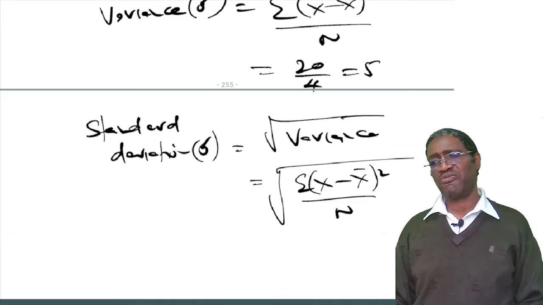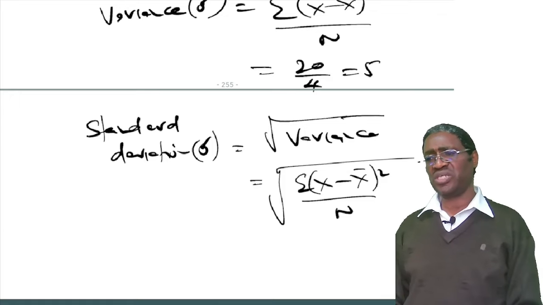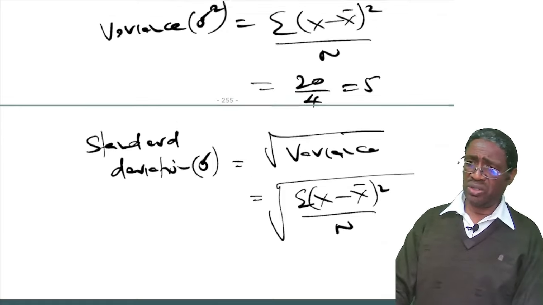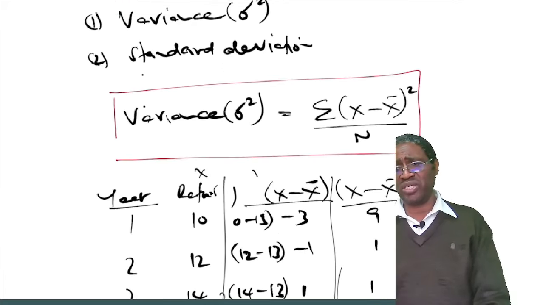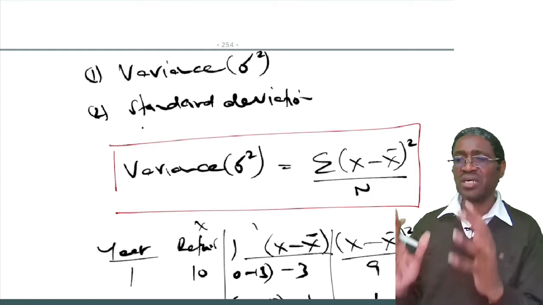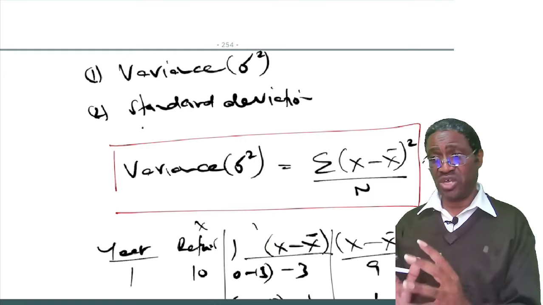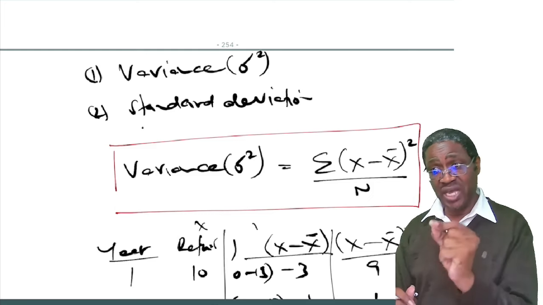Good. So before we continue, let's put down what we have already said. What we have already seen is how to calculate the mean of a single security: the summation of x divided by n.